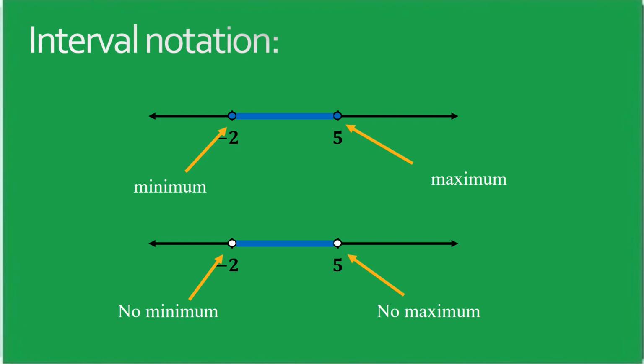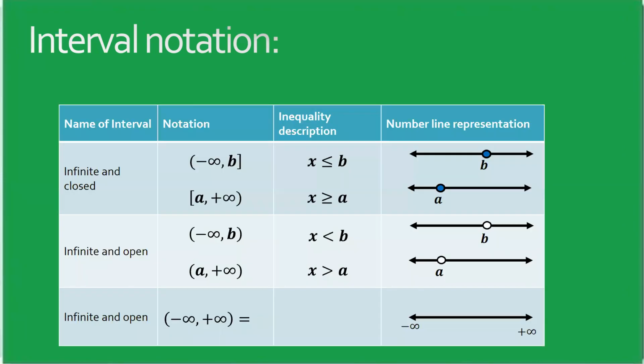What if an interval has no upper or lower bound? There are three types of unbounded intervals. If an interval has no upper bound, we say that the interval is right unbounded.